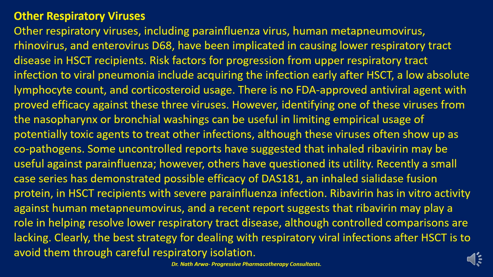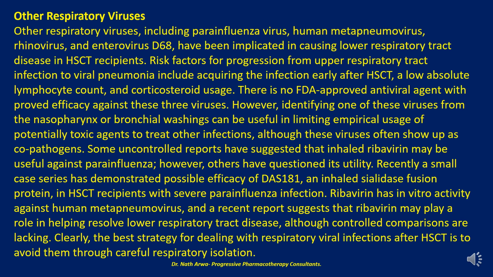Other respiratory viruses, including parainfluenza virus, human metapneumovirus, rhinovirus, and enterovirus D68, have been implicated in causing lower respiratory tract disease in hematopoietic stem cell transplantation recipients. Risk factors for progression from upper respiratory tract infection to viral pneumonia include acquiring the infection early after hematopoietic stem cell transplantation, a low absolute lymphocyte count, and corticosteroid usage.